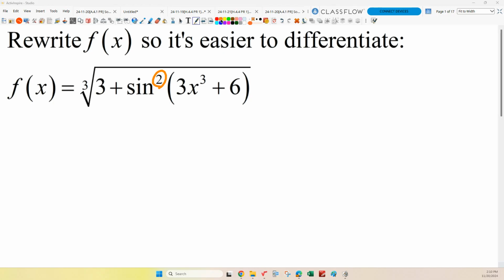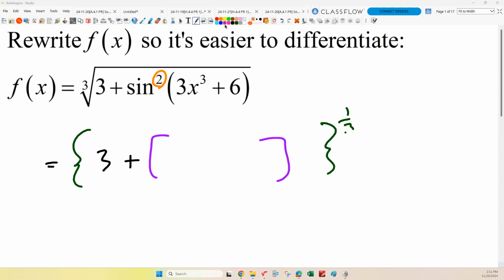So these are the layers. The outside layer is all this stuff being taken to the 1/3. What's the next layer? Well, then we've got this polynomial inside. And the next layer, actually, I'll make it orange, is the squared, which is outside of the sine.